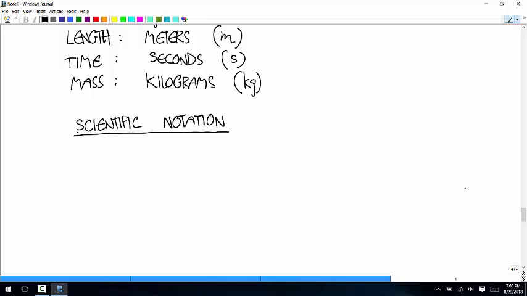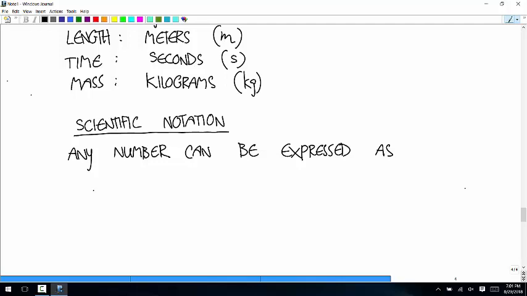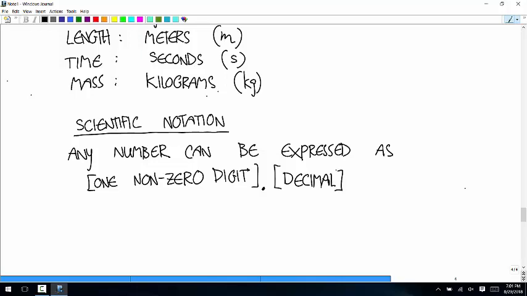And the idea of scientific notation is that any number can be expressed as one non-zero digit, and then a decimal point, and then a decimal, and then times 10 to the power of some integer.